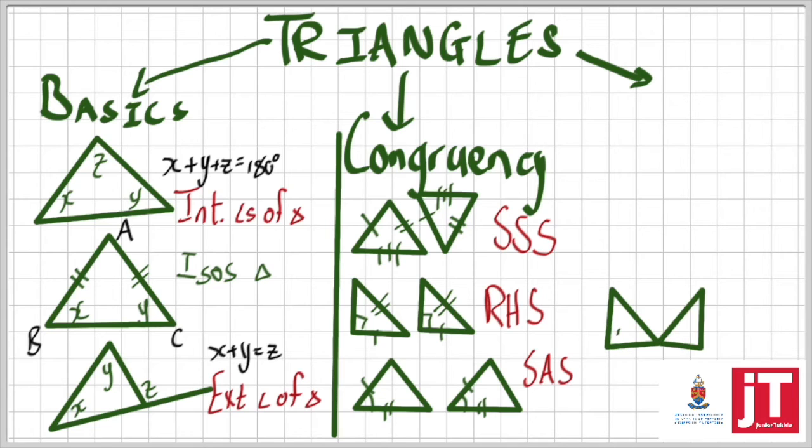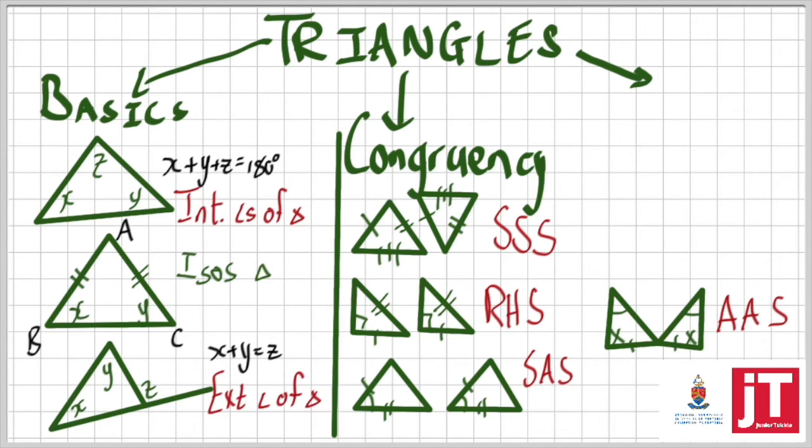Our last way of proving congruency in triangles is by having 2 pairs of corresponding angles and a pair of corresponding sides equal. So congruency means, and we'll get into that in our video specifically on congruency, two triangles that are exactly the same size and shape, but it doesn't actually just relate to triangles.